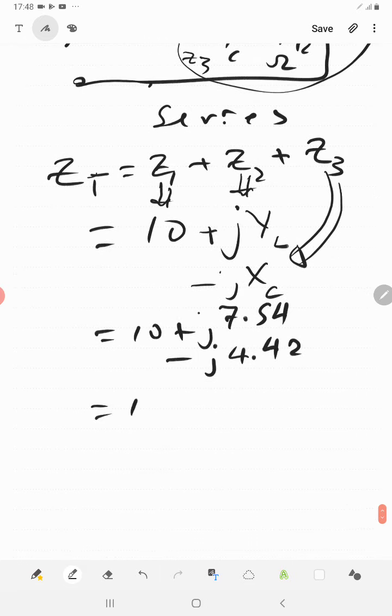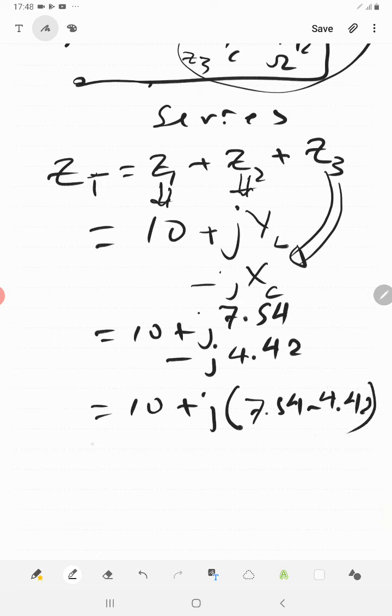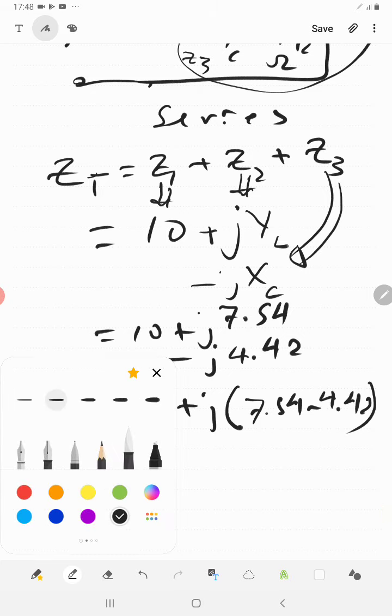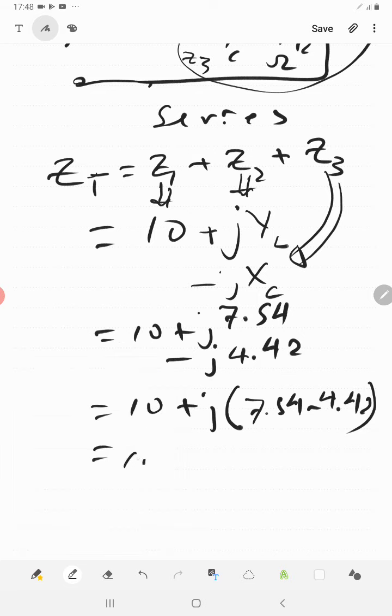So it will be 10 plus j, 7.54 minus 4.42, so it will be 10 plus j3.12.